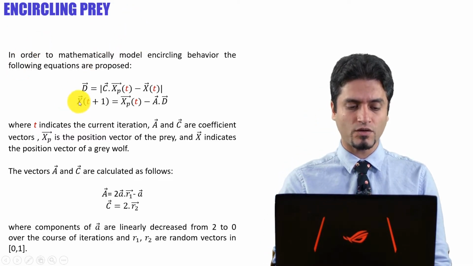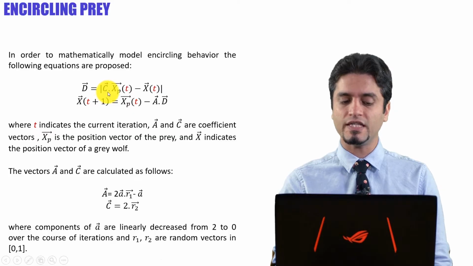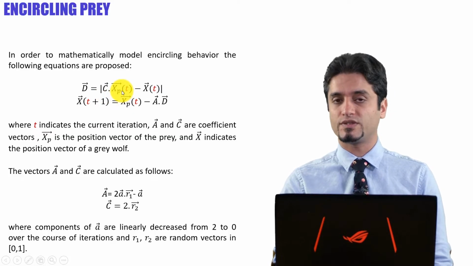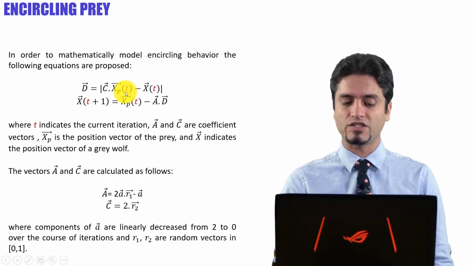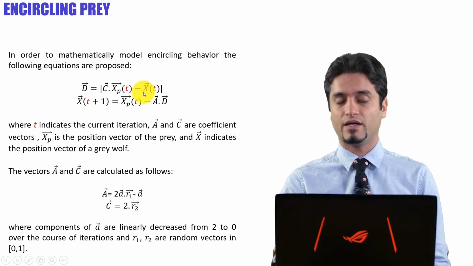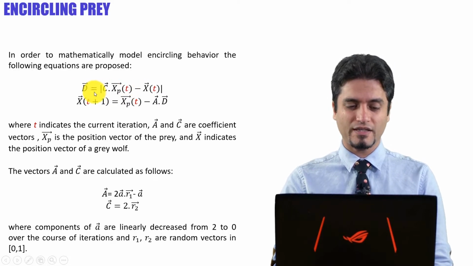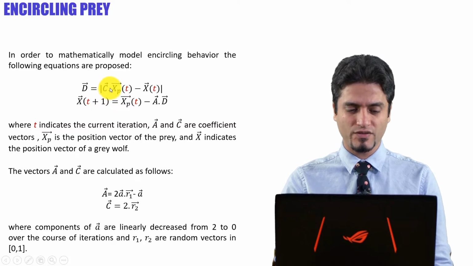So I've got a vector called distance, which is equal to the absolute value of C · Xp, the position of the prey at iteration t, minus X(t), the position of a wolf that we want to update, right? This is a pairwise multiplication. I should have used a better notation.